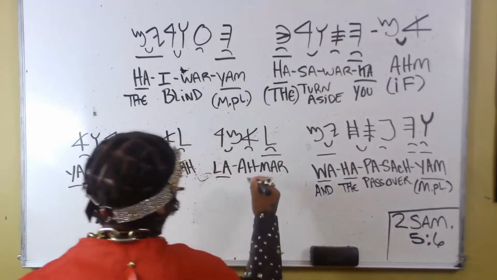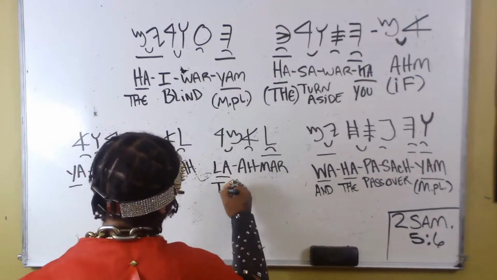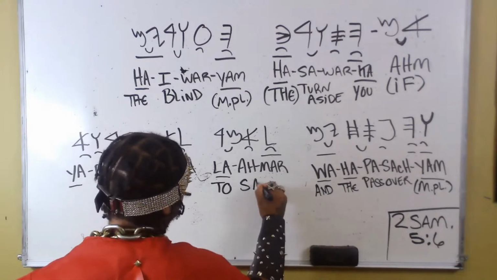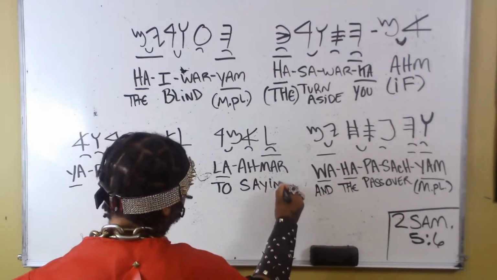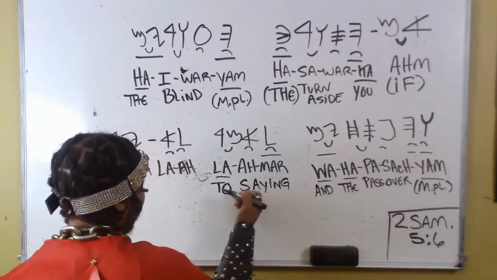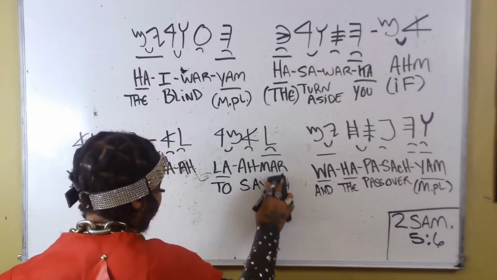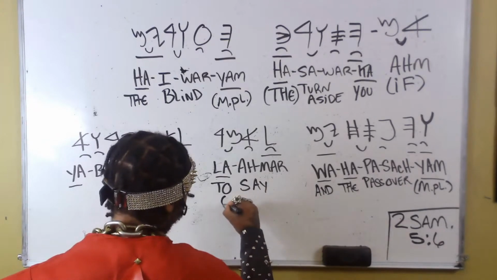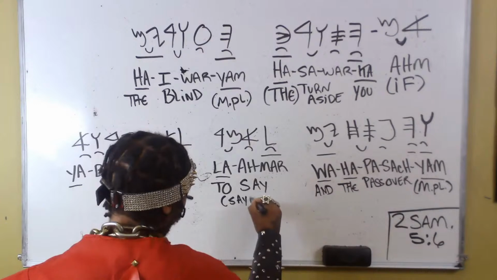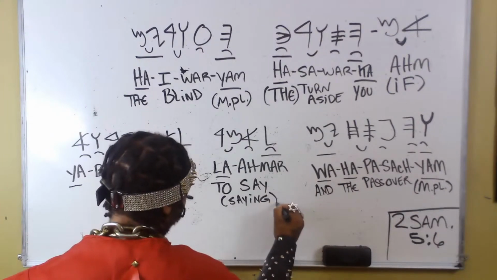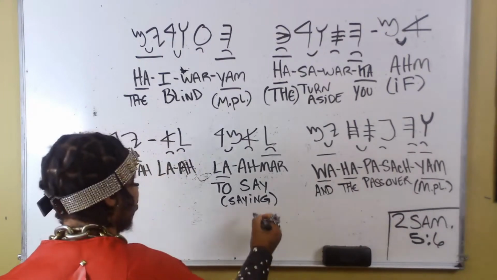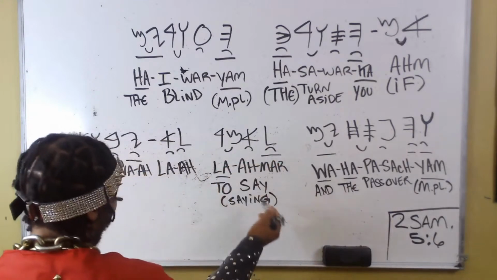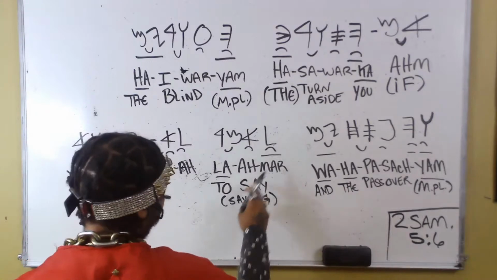La amar, to say or sing. Now let's leave it as to say. That way, when it says sing in the scripture, you can know that it means sing. And I'll just put that in parentheses to show you that it's used as say when it says to say. It's la amar, but it's used as saying.